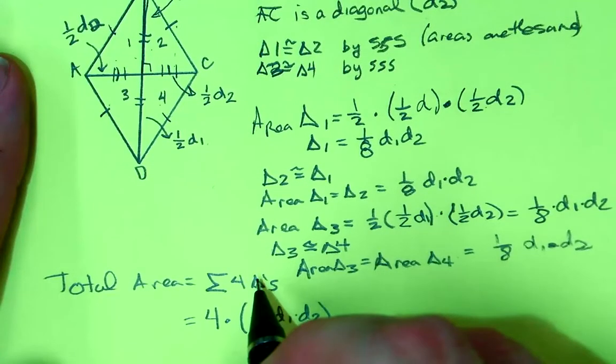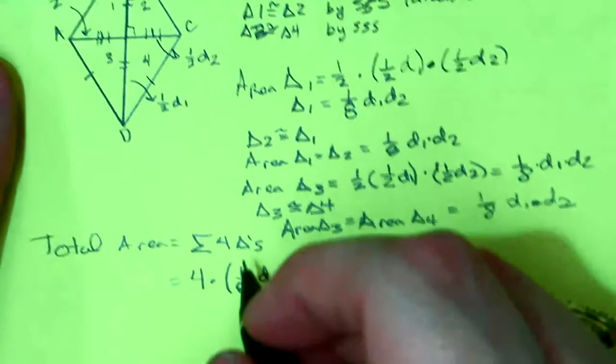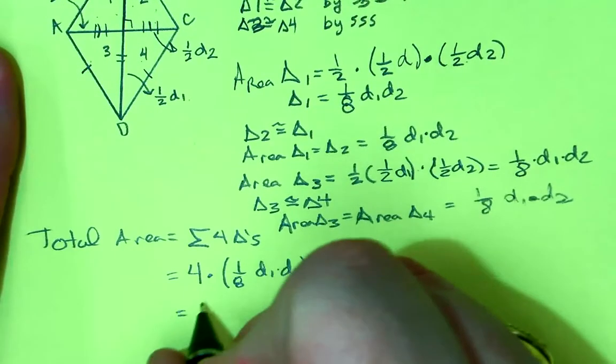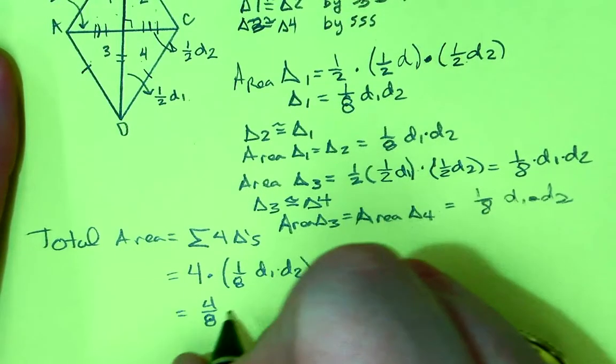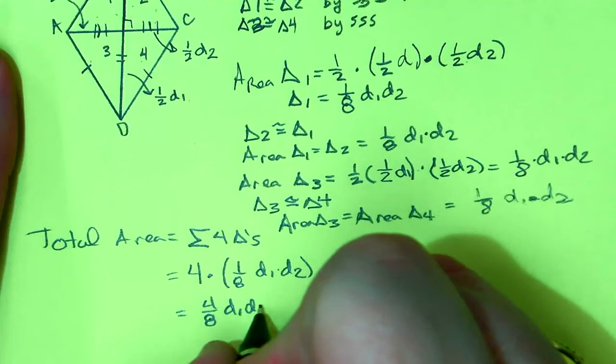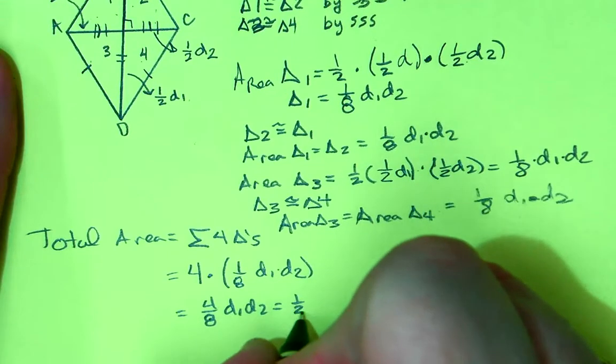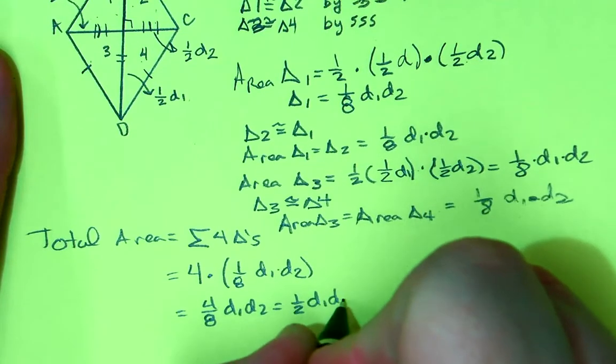Repeated addition of the same thing is multiplication. This is going to be equal to 4/8 times D1 D2, which is equal to 1/2 D1 D2.